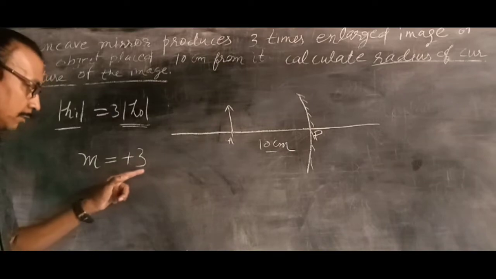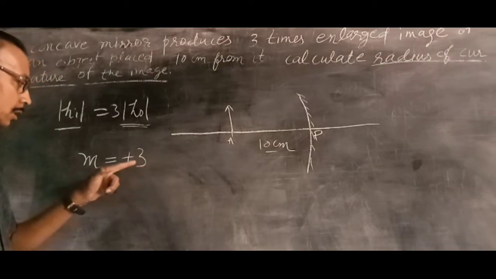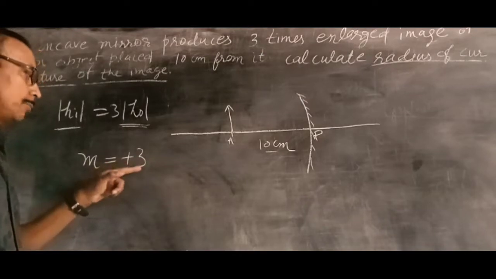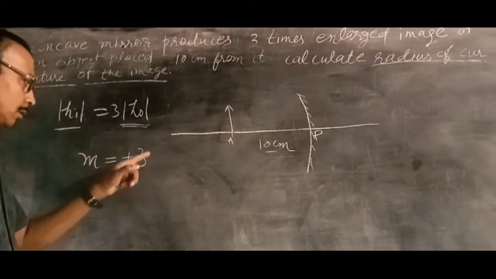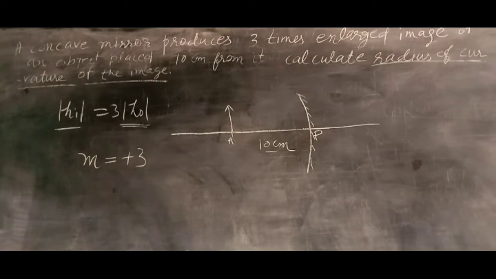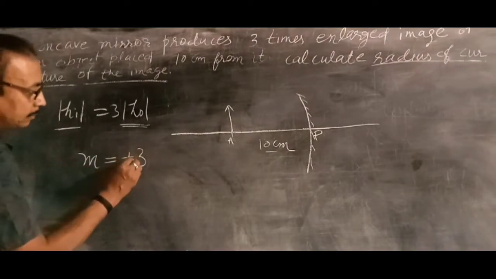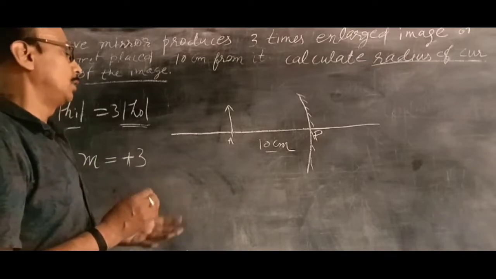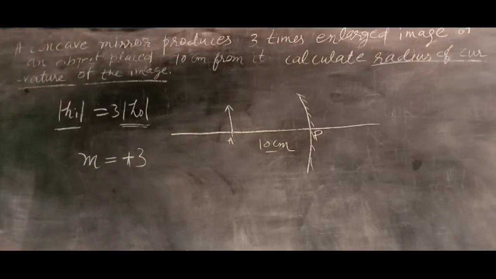Enlarged 3 times image, where 3 is how many times the image is with respect to the object. This numerical value gives it, and the sign gives the nature of the image. Here the nature of the image is virtual and erect. We have considered the first case.